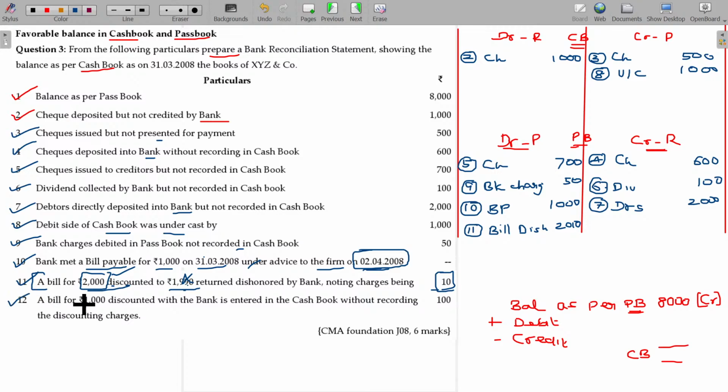12th one, a bill for rupees 1000 discounted with the bank is entered in the cash book without recording the discounting charges. 1000 and its discounting charges being 100. So banker gives a credit of only 900. I could have recorded it as 1000.